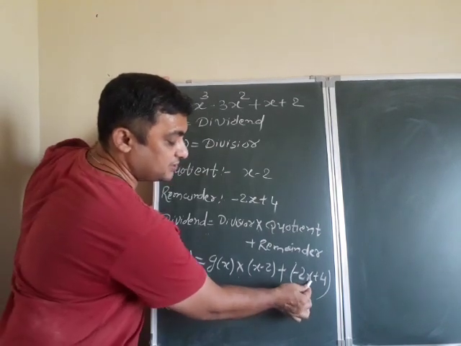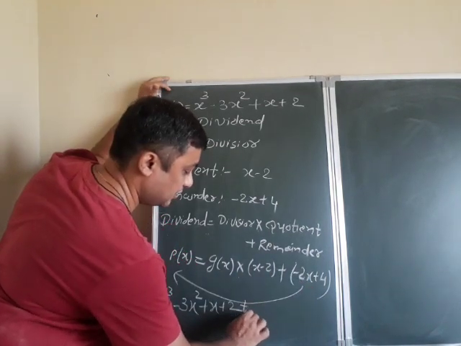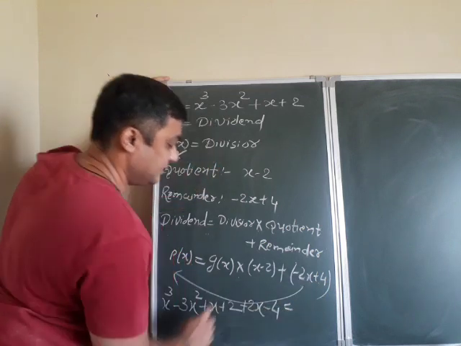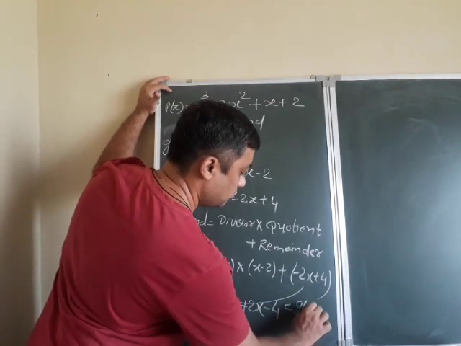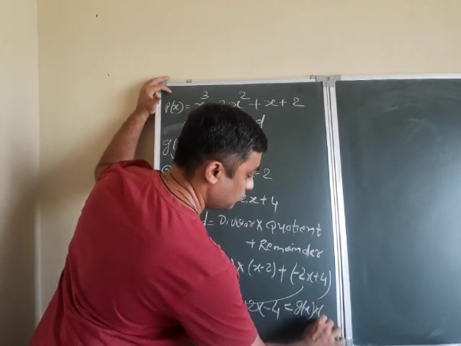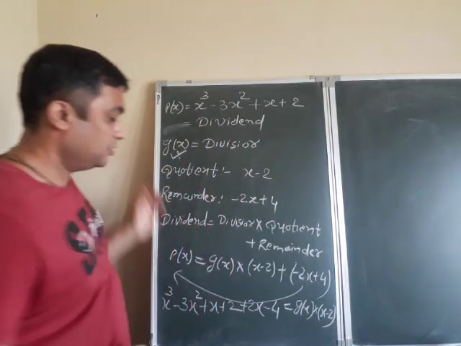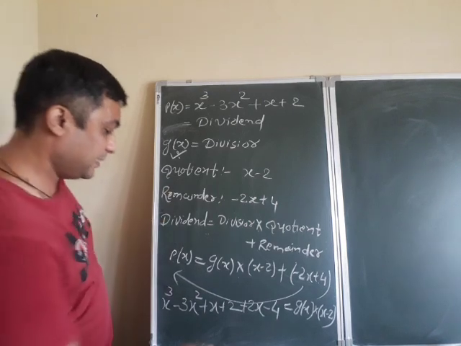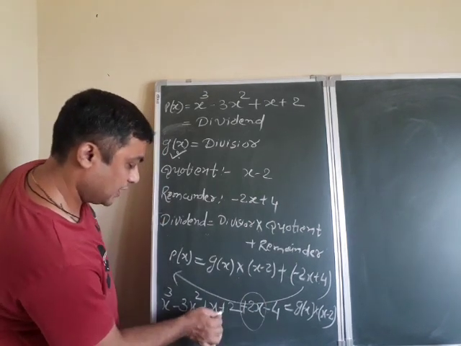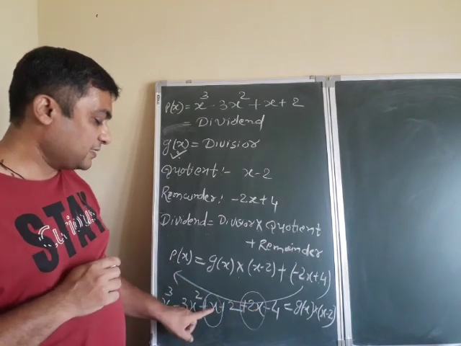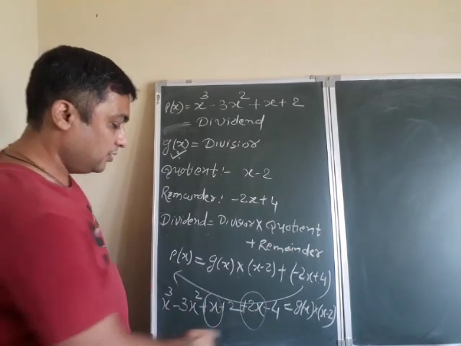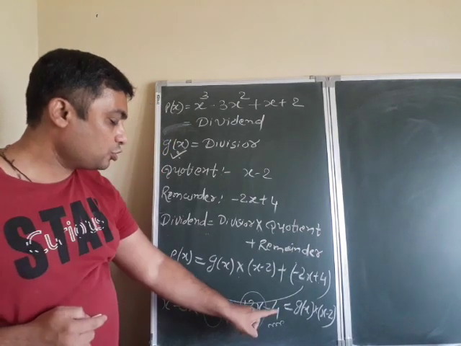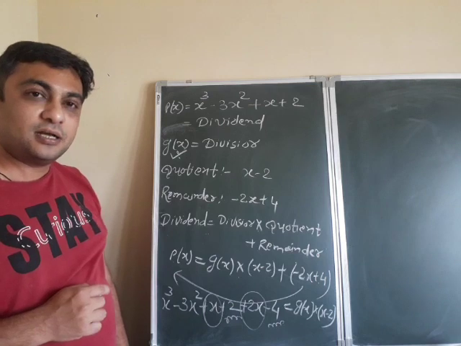And when I take these terms to this side, this minus 2x becomes plus 2x, this plus 4 becomes minus 4, and it is equal to g of x into x minus 2. This remains the same. Now see the next step. This is plus 2x and this is plus x, so 2x plus x is 3x, and this is minus 4 and this is plus 2, so minus 4 plus 2 makes minus 2.